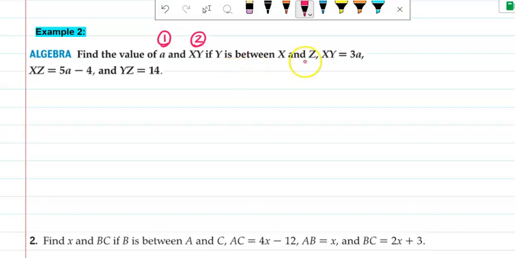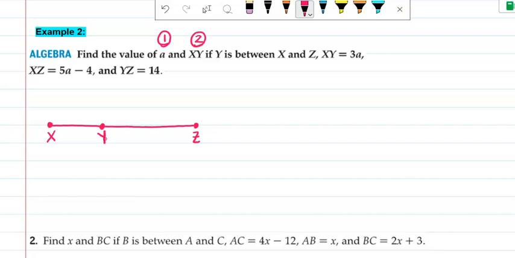It says Y is between X and Z. So when we draw our segment, it doesn't really matter how long you draw it. It doesn't even matter where you put the point in the middle. We just know that when we draw our 3 points, we have X and Z, and Y is somewhere in the middle. It is between them. And then we have some lengths.